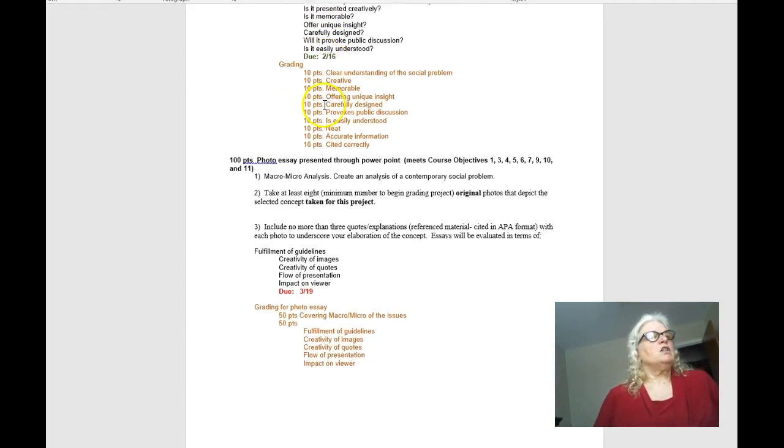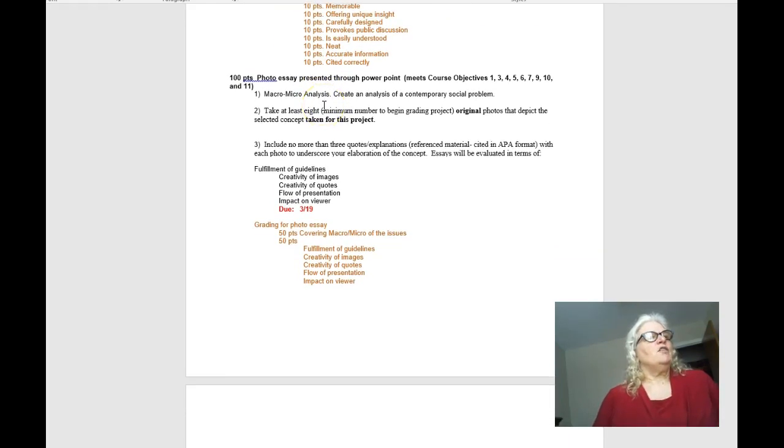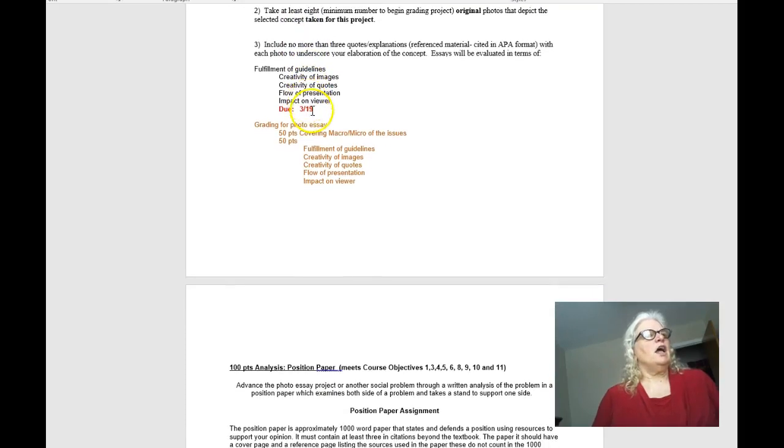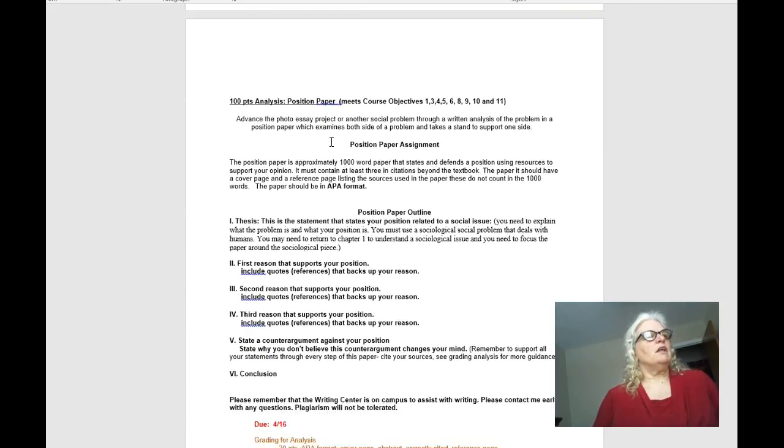The second project is a photo essay, and again, there are further directions on this and a video attached. Remember the due dates, follow your syllabus. If there are due dates given in those videos, let me apologize for that. I don't think they are there. I think I've corrected all that, but they will guide you through the project, and the due dates follow the syllabus guideline.